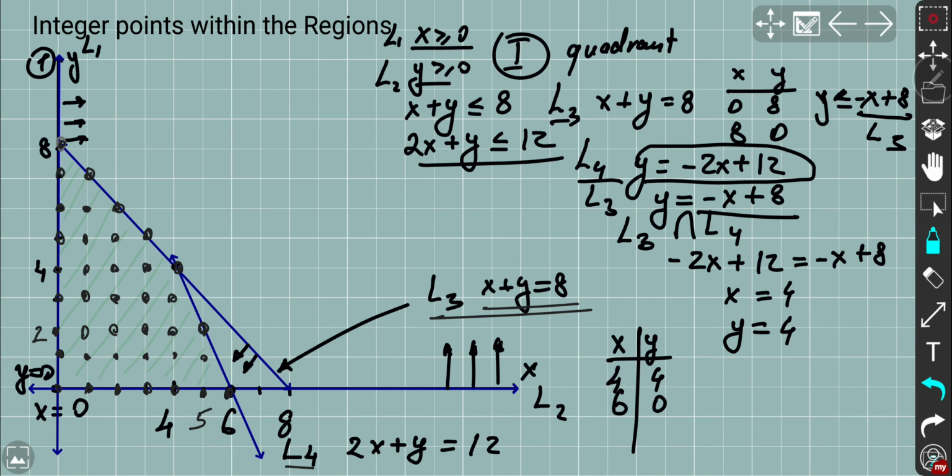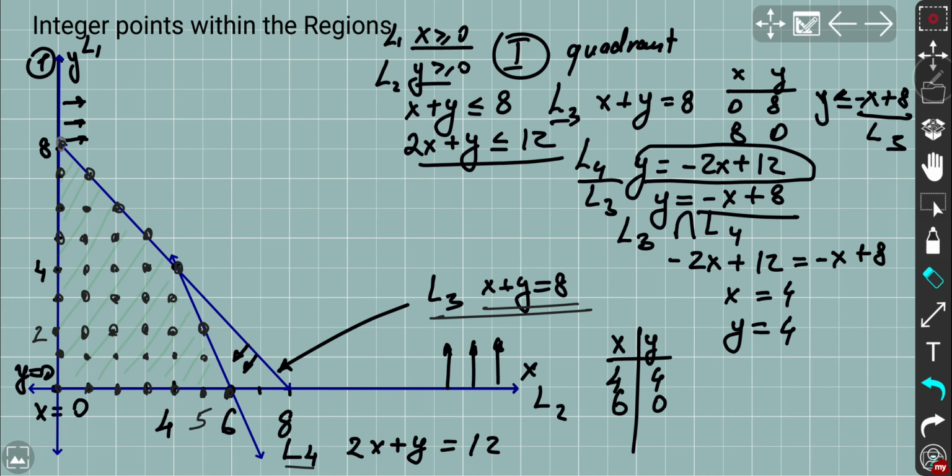If I try to hold the marker, hold the pen and stylus for a second, it doesn't mark and doesn't put the dot. All right, so we've got all the points. If you like, you can count them, they're the integer points within the region. Okay, so we answered part 2.